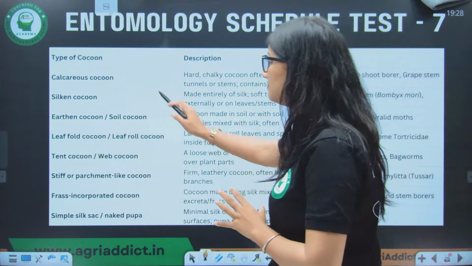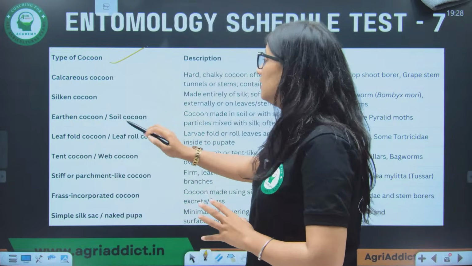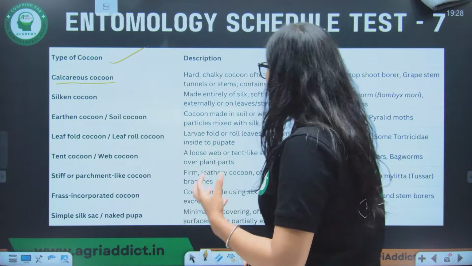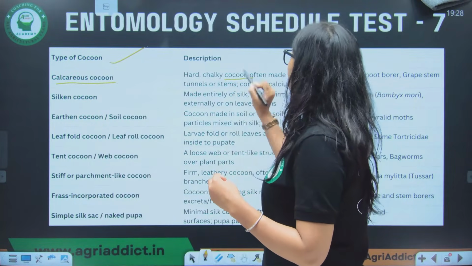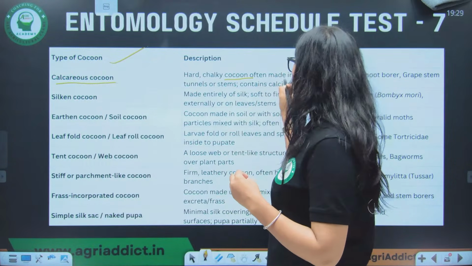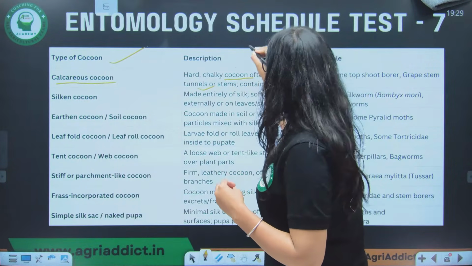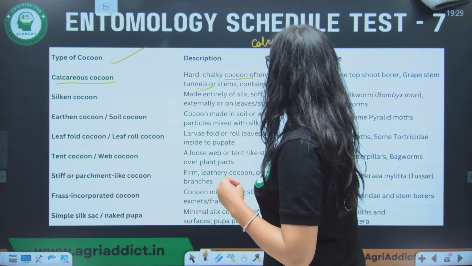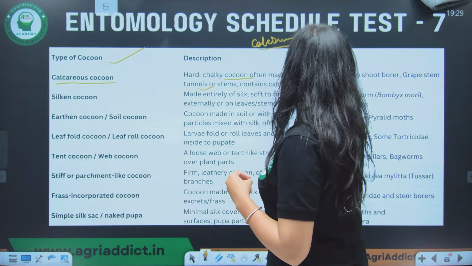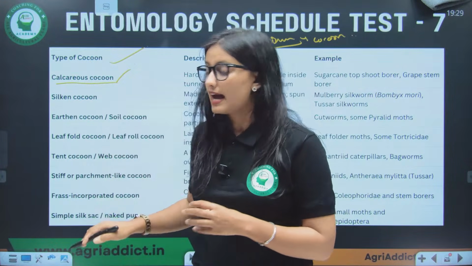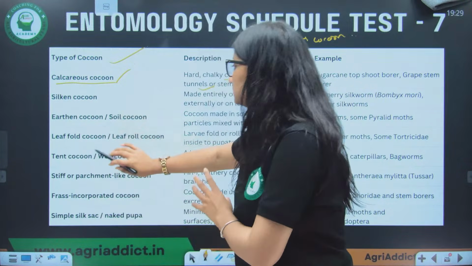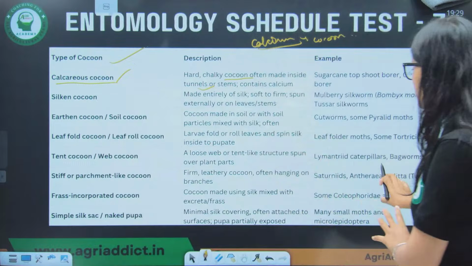So I have mentioned different types of cocoon. And what is this calcareous cocoon actually? It is a hard and chalky cocoon often made inside the tunnel, or there are some deposits of calcium in the cocoon. That's why it is calcareous. And I have written different types like silken cocoon, earthen cocoon, and along with their examples here.